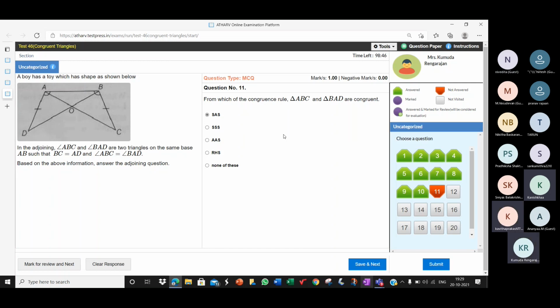Please specify the triangle, like angle DAB of triangle BAD is equal to angle CBA of triangle ABC.